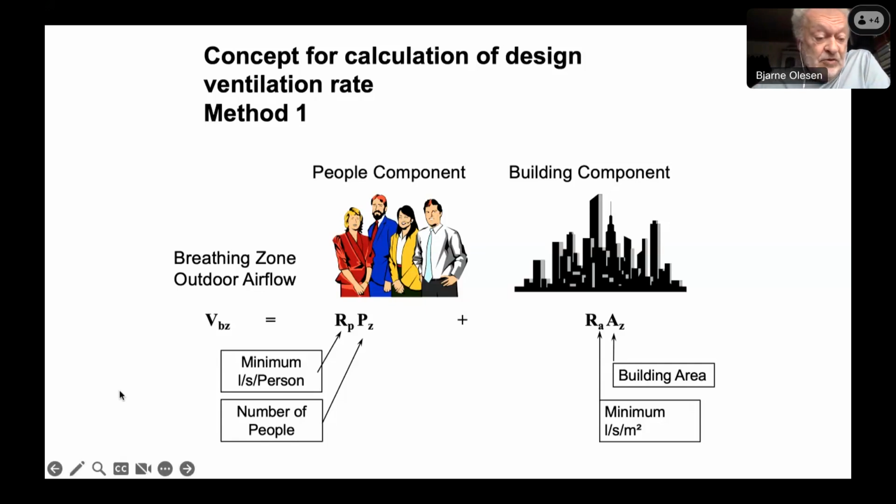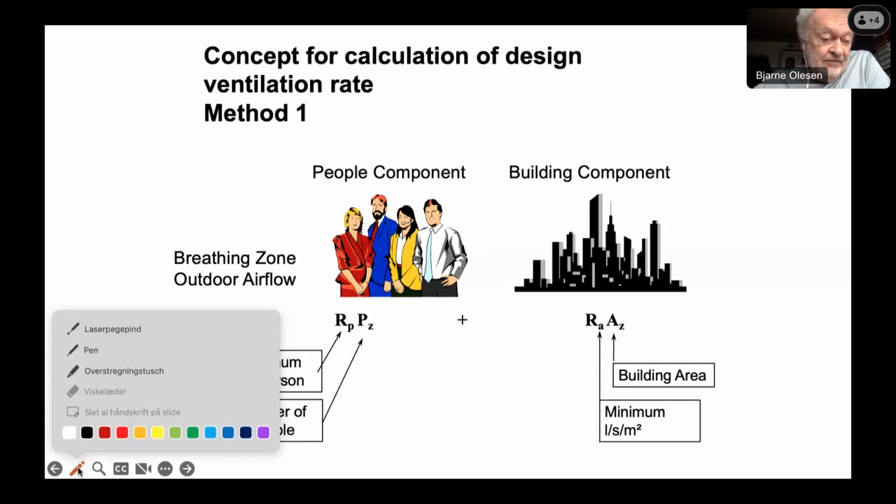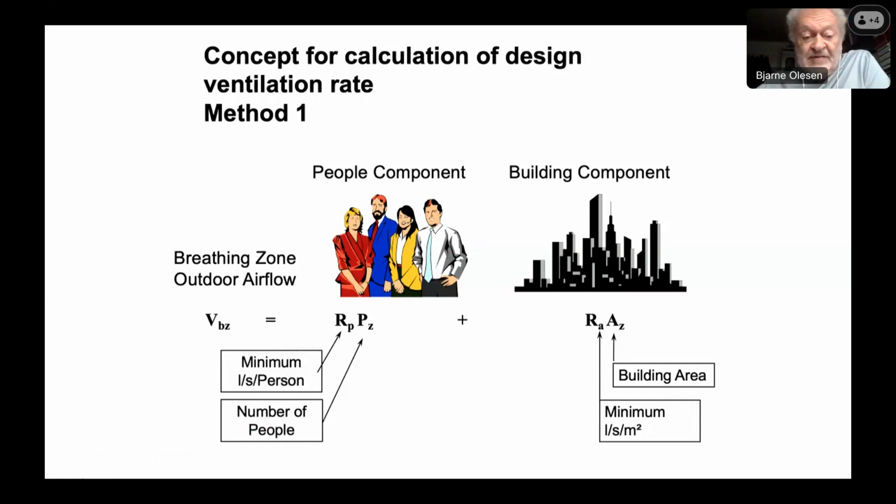But we are also looking at the building itself. What type of building is there? Is it a building where you have taken care of the materials, low emitting materials? In the standards you get some benefits, so that the building component, which you see here at the right hand side, is less if you have a building with low emitting materials.